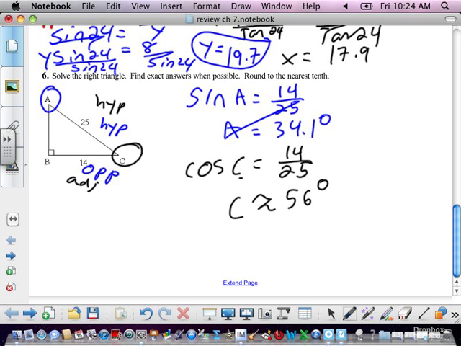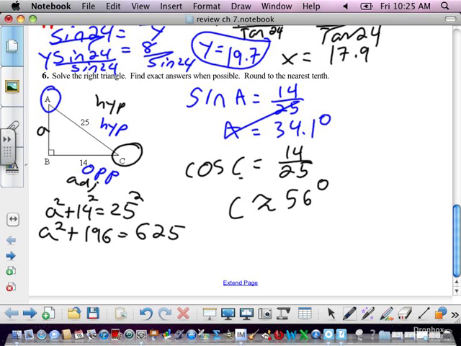Okay, there's one more thing I'm missing. How many sides do I have? 2, so I need 3. So I'm going to call this A, okay? A squared plus 14 squared equals 25 squared. 14 squared gives me 196. 25 squared gives me 625.